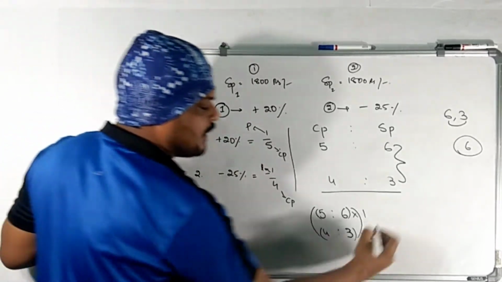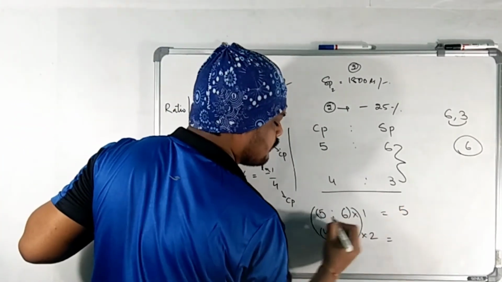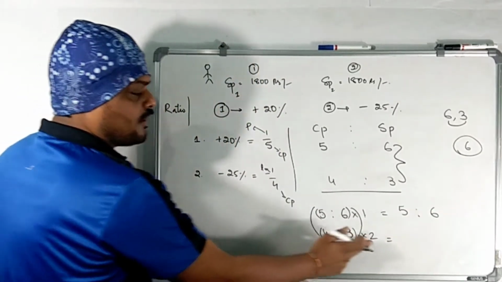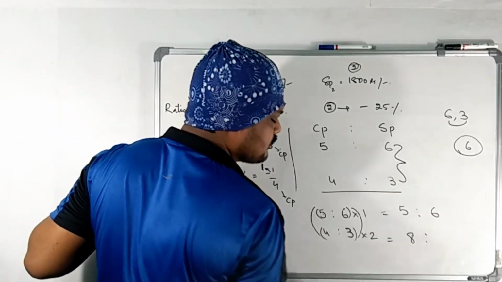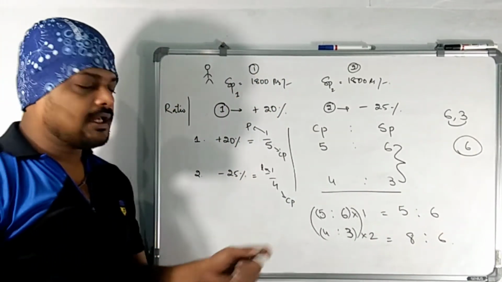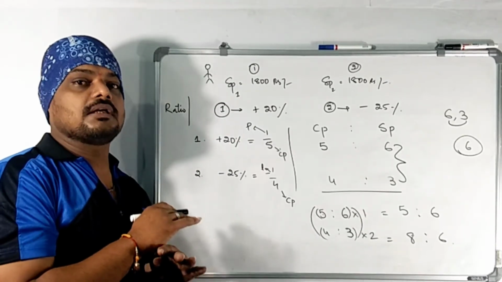So let us multiply: 5 into 1 is 5, 6 into 1 is 6, and 4 into 2 is 8, and 3 into 2 is 6. Now I have the ratios, and I have made all the ratios clear according to the conditions.